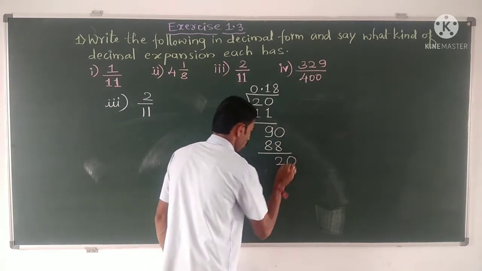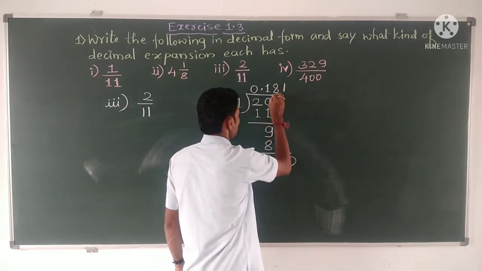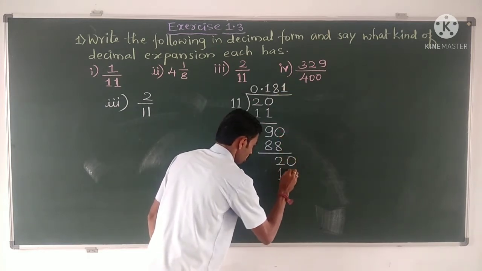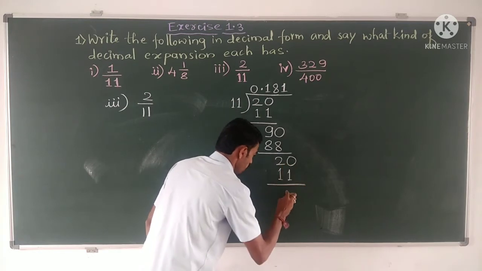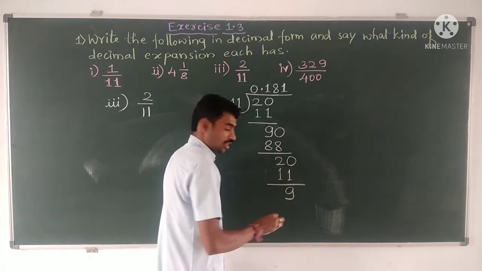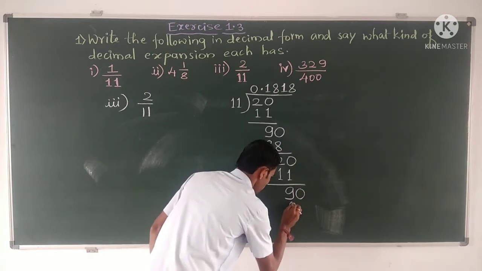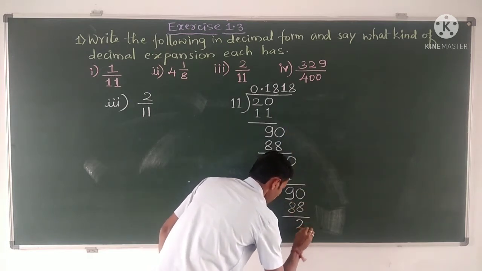Again 0. 11 ones are 11. Subtract 20 minus 11, again 9. Again take 0. 11 8s are 88. Here again we obtain 2.